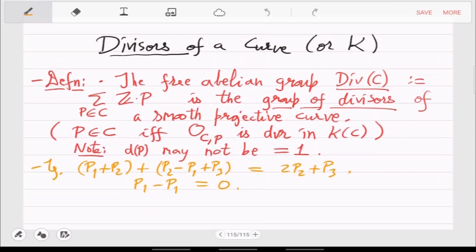Yeah, and all this pain is being taken to keep the counting of points in the finite field correct on the curve, because the Riemann zeta function is supposed to count it exactly. We don't want to go into approximation, so we want to keep track of that exactly.